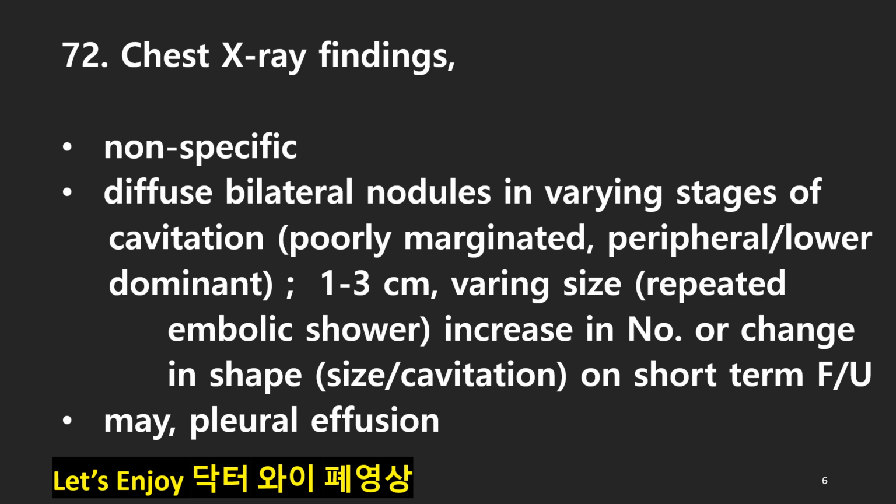The nodules are from 1 to 3 centimeters in varying size because they came from repeated embolic showers. Repeated embolic showers are the cause of varying size. There is an increase in number or change in shape, size, and cavitation on short-term follow-up images. And also they may have pleural effusion.